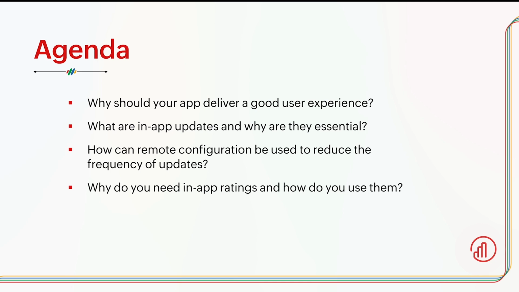Then we'll be looking into the individual features, like what are in-app updates and why are they essential for your app, and how to configure them using Apptics. Then we'll be seeing remote configuration and how it can be used to reduce the frequency of updates that you release for your app. And lastly, we'll be seeing in-app ratings and how to use them using Apptics.